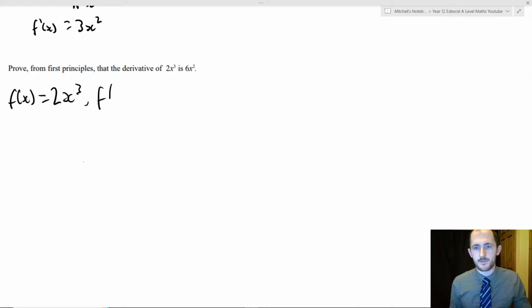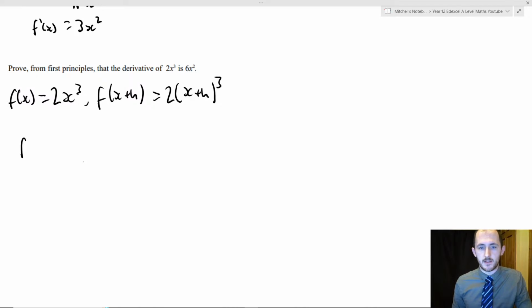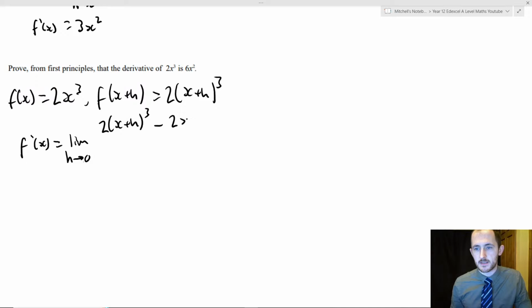So then f of x plus h will be 2x plus h all cubed. So again, if we substitute into our formula, that means f prime of x equals the limit, as h tends to 0, of f of x plus h, so 2x plus h cubed, minus the original 2x cubed over h.